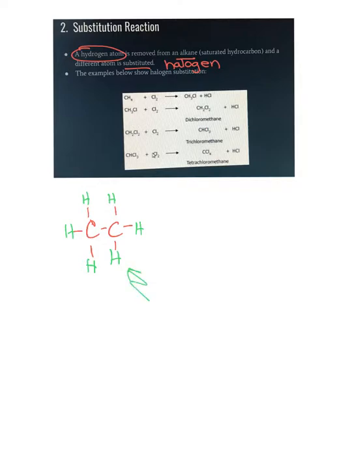Hydrocarbon because it's all carbons and hydrogens, saturated because it has all single bonds, and I'm going to add to that, or react with it, a bromine. Now, in order for the bromine to attach, there's no room. So remember, this bromine is 2 Brs. It's a Br and it's another Br.